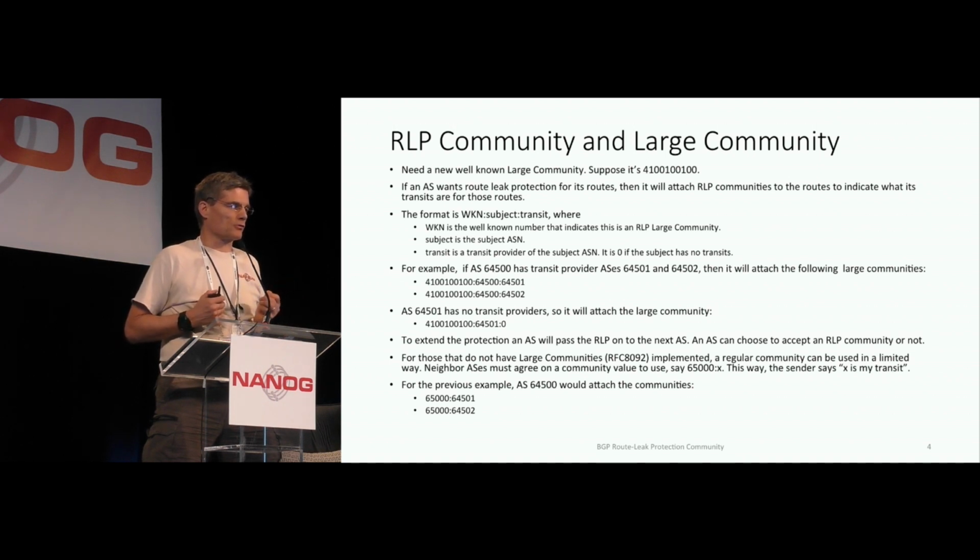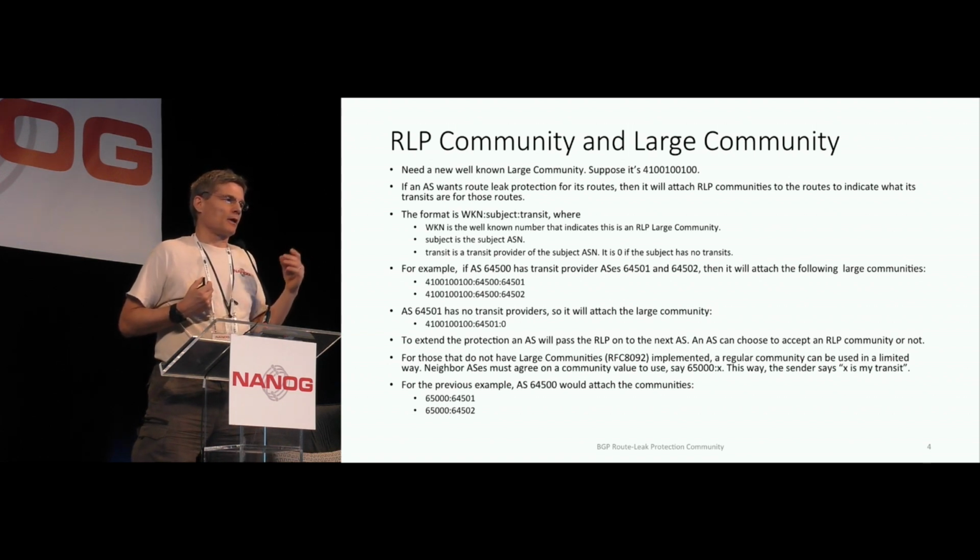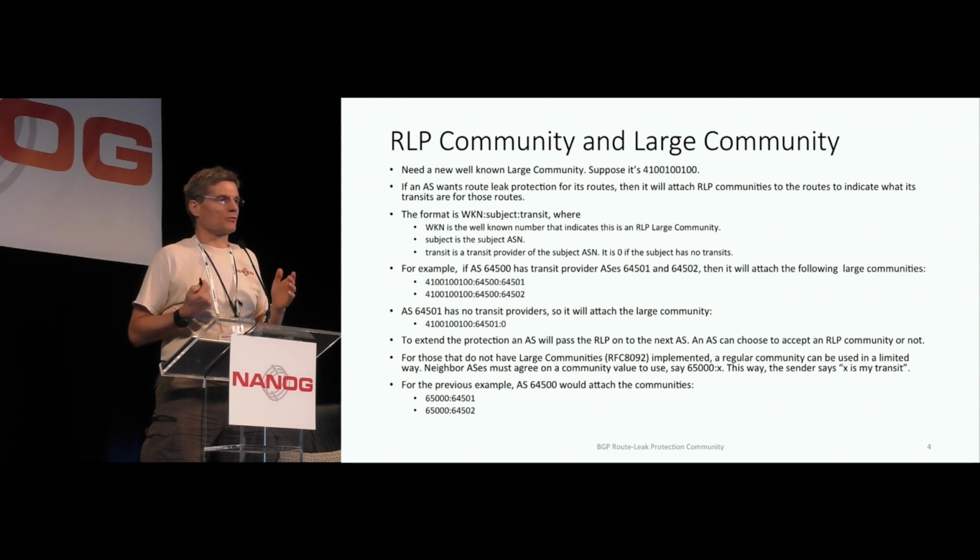And then the other two are the nominating AS and the nominated AS. The nominating AS is the one who says, these are my transits. Now, if an AS does not have any transits, then he nominates AS number 0 as being my transit. That is to distinguish those ASs that do not send anything and those ASs that have no transits.